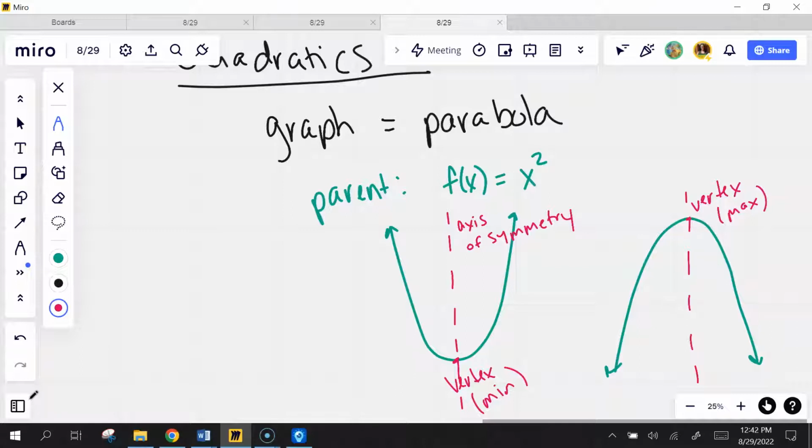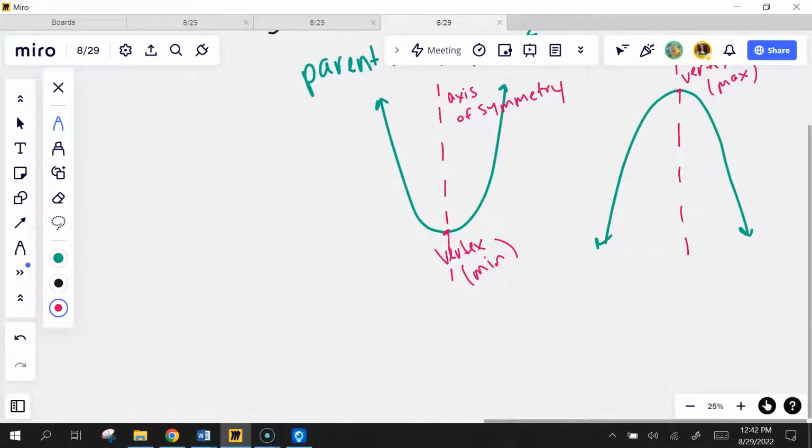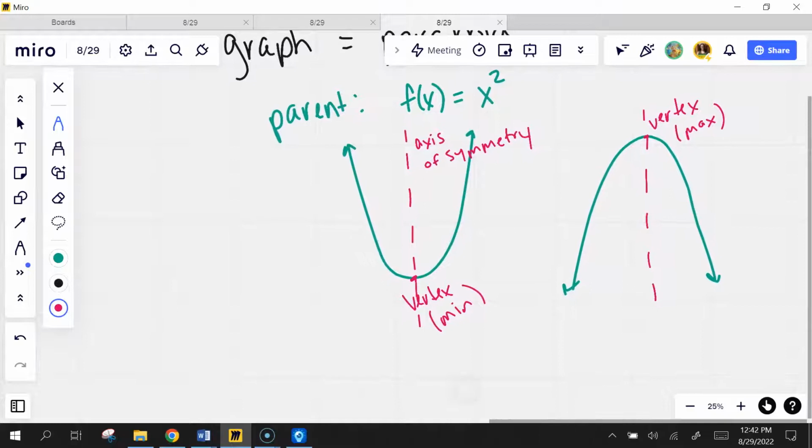Tell me how we can write the equations. There's 3 different ways we can write equations. Because it never goes higher than that point.